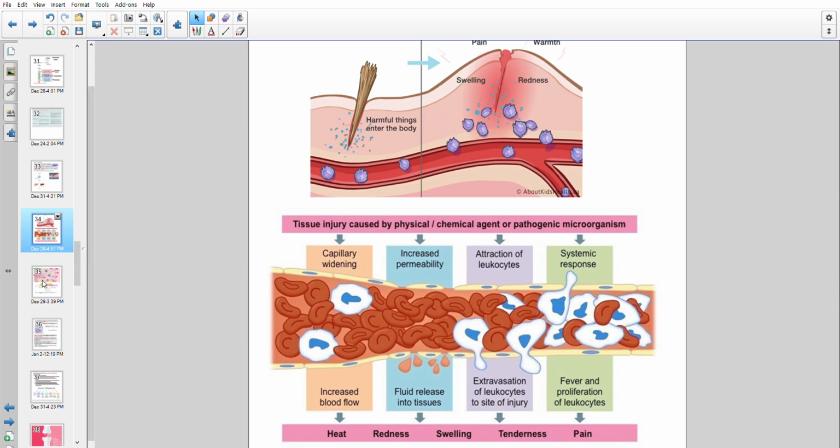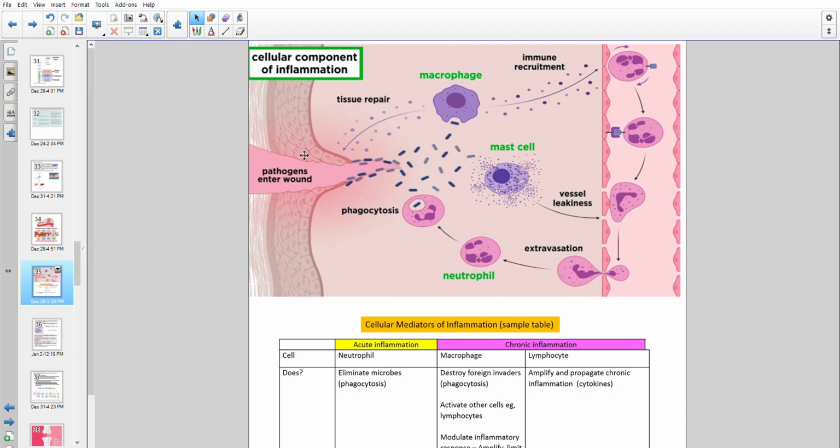Now here is a better diagram. This diagram shows you a pathogen entering the wound. The pathogen could be a virus, a bacteria, fungi, any other microorganism, but let's assume here it is the uric acid crystals. And so you have a process going on here where, let's look at the mast cells.